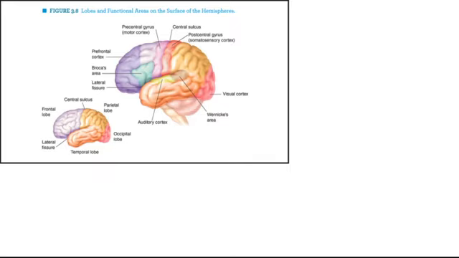So this is where we can form words. So it contributes to grammatical structure, and it helps control the motor control that we need for speech. So Broca's area is what is involved in helping us put together all of the movements and all of the particular sounds that we need to make to produce speech.